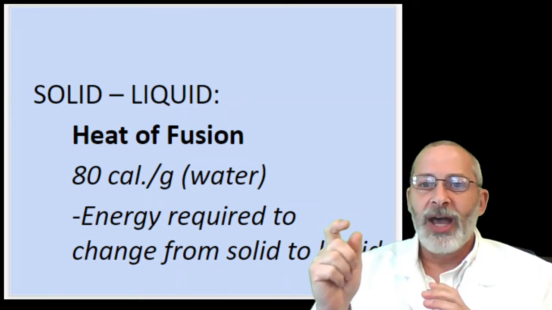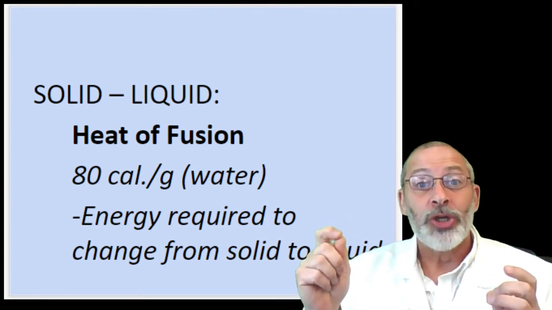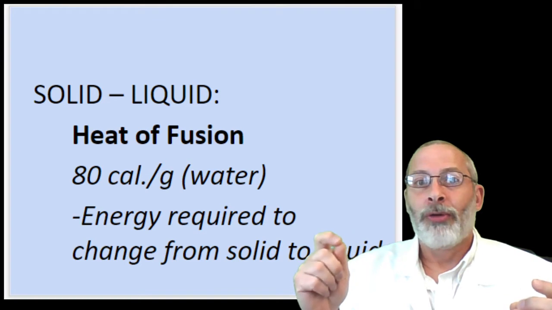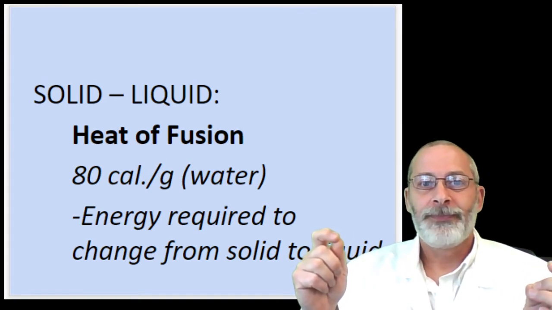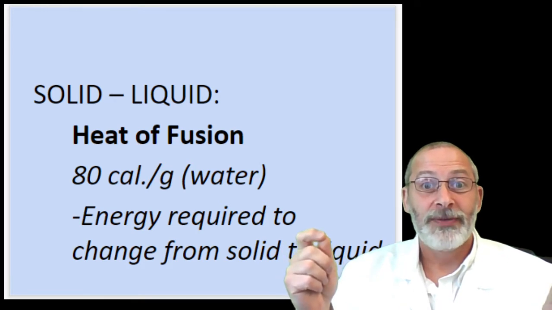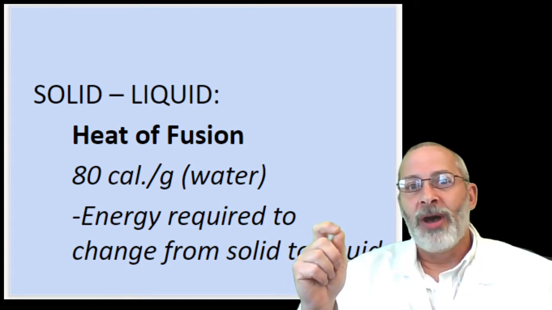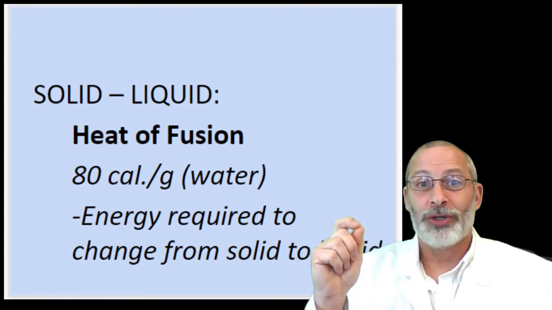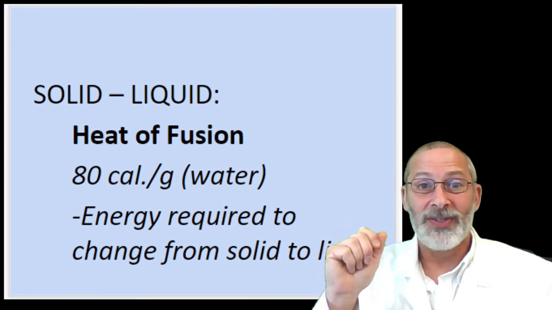Let's say you've got a gram of ice and you measure its temperature. What is the temperature of 1 gram of ice? Ice, baby. It's 0 degrees. Now, let's say we have 1 gram of ice water. What is its temperature? 0 degrees.